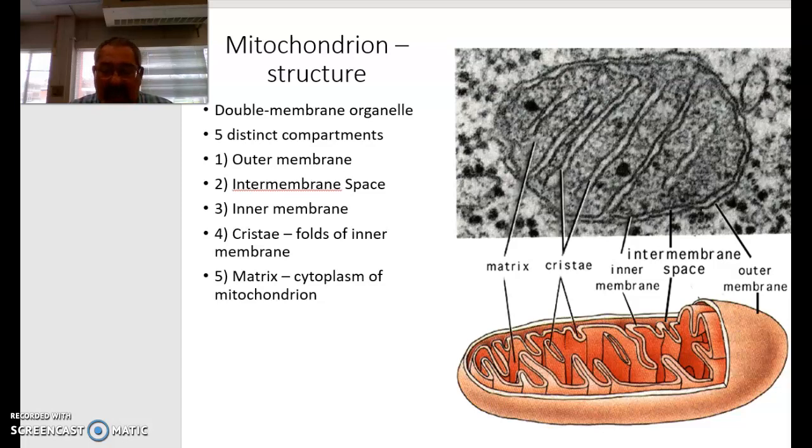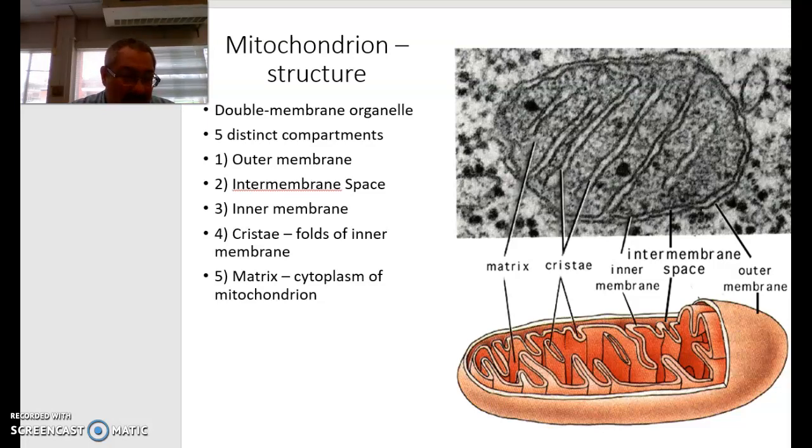It is considered to be a membrane from the host cell that consumed a bacterium. When we meet compartment 3, the inner membrane, that is considered to be the membrane of the bacterium or the prokaryote. You should notice that the inner membrane is very folded or undulating, and those folds are called cristae.